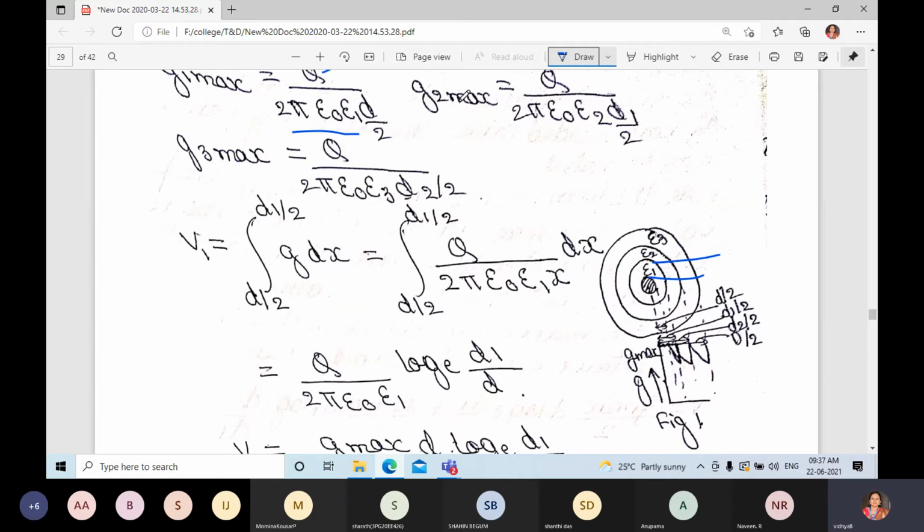What about G2 max? It is equal to Q divided by 2 pi epsilon naught epsilon 2 d1 by 2, because this diameter is d by 2, the second one is d1 by 2, and the next is d2 by 2. G3 max is equal to Q divided by 2 pi epsilon naught epsilon 3 d2 by 2.